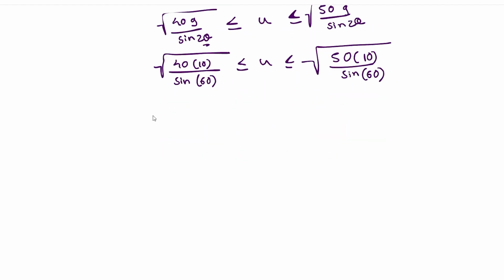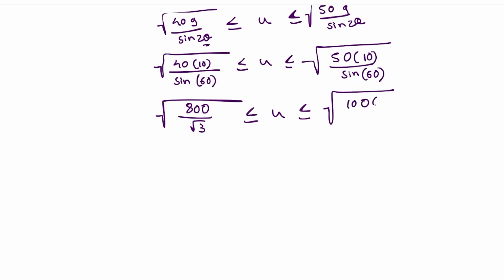If we do all this calculation, we will have 800 by root 3 on one corner of this equation and 1000 by root 3 on the other. If we solve this further, we get the lower limit of u as 21.49 meters per second, and the upper limit of u as 24.03 meters per second. And this is what was required by us.